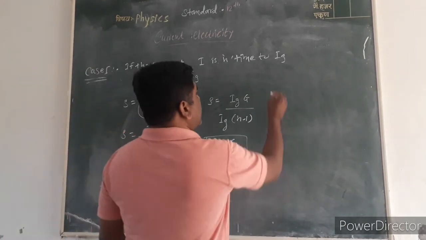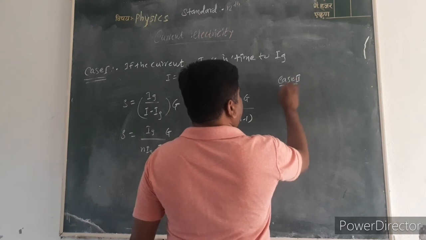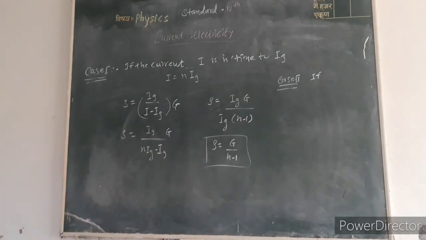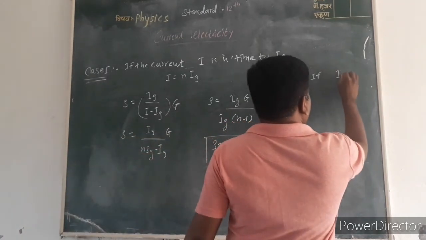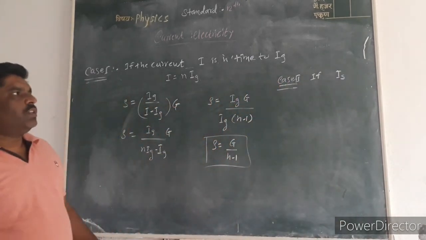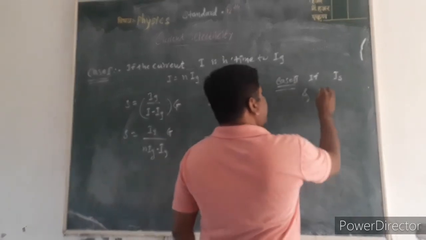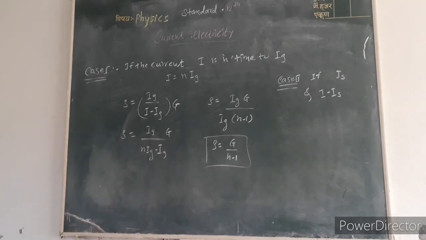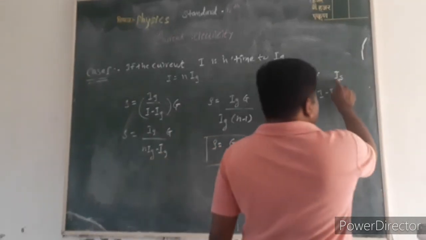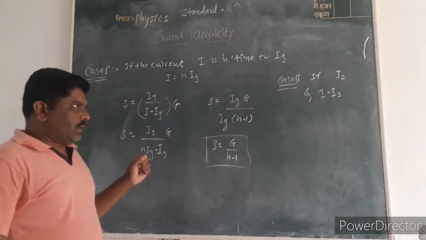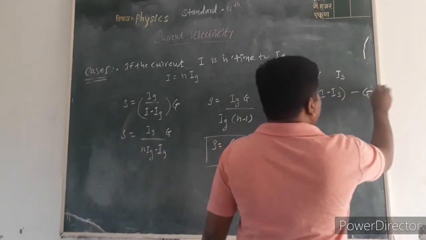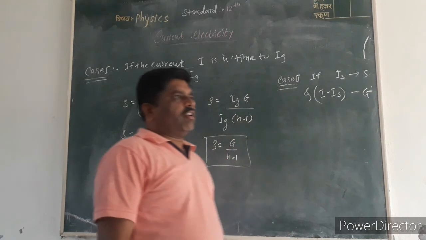Now case second. If Is is the current passing through shunt resistance and I minus Is is the remaining current passing through the galvanometer coil.